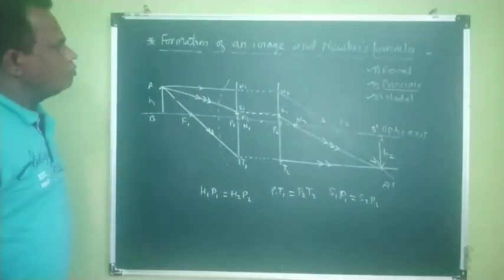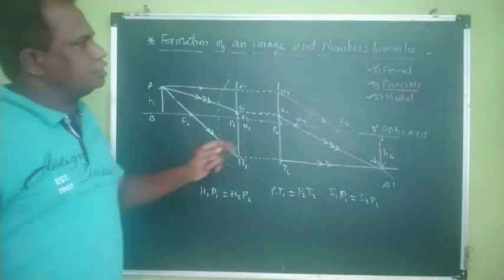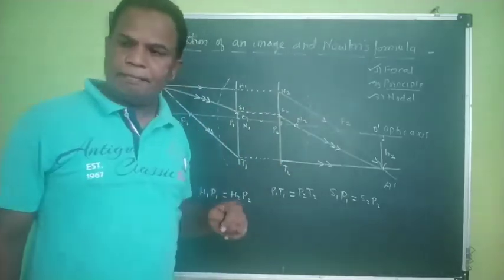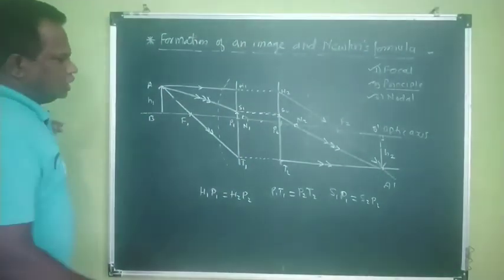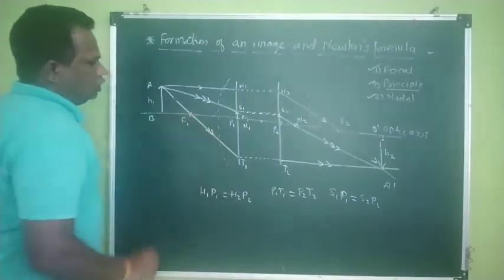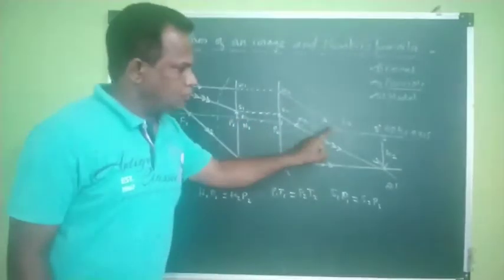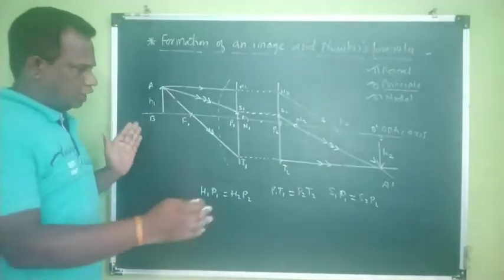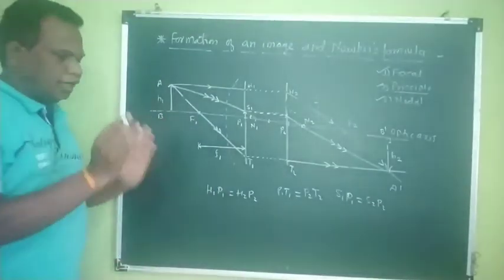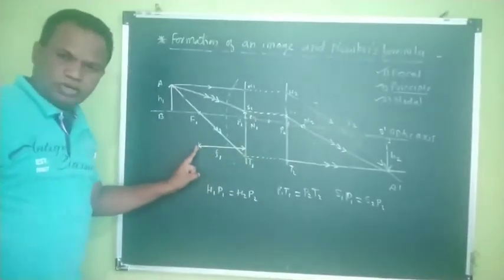Okay. So now one more thing we are going to mention in this lecture is Newton's formula. What is Newton's formula? I will tell you first. Now you can measure the focal length. This is the focal point. What is the focal length? Focal length is the distance from the first principal plane to the first focal point.